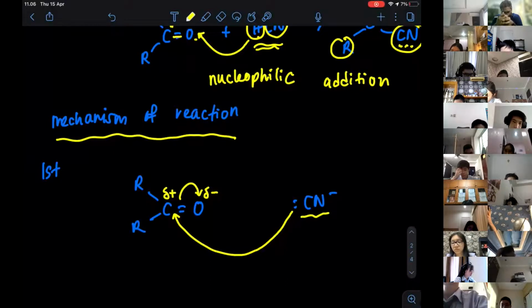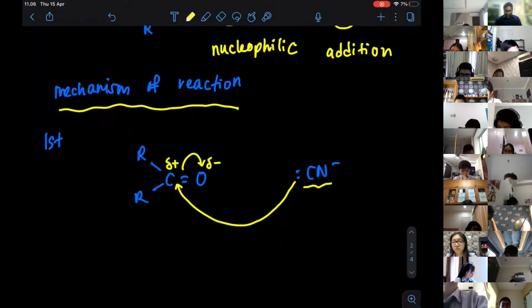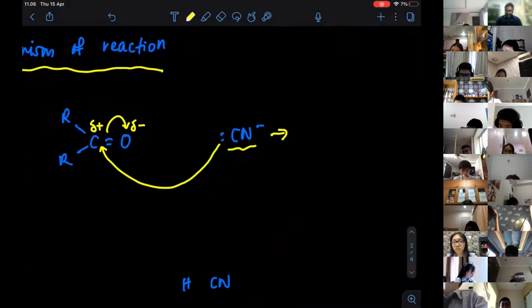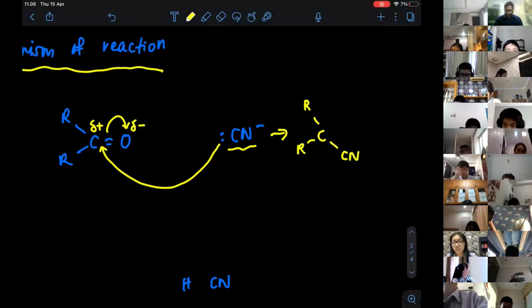Okay, you can see what I have written over there. The CN is going directly to the delta positive carbon over there. So what is going to happen? You are going to get an intermediate. What is the intermediate? Let's see. I'll draw carbon, you have R, another R. CN came in, I'll just put CN.